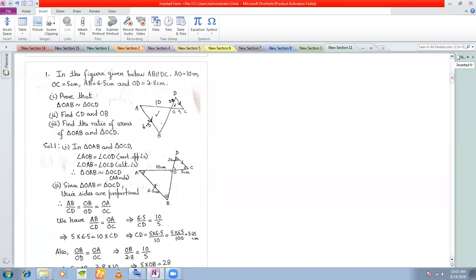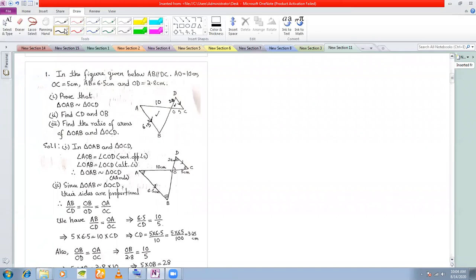Now this proof of similarity is very trivial. I hope you can do it. Anyone who will not be able to do it, tell me. I have shown this to you. This is the proof of similarity for type 1 figure. Type 1 figure you can do, so I'm not doing it, I'll just tell you.